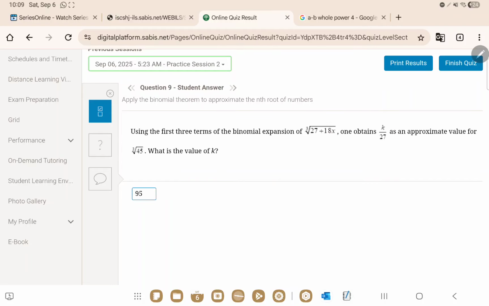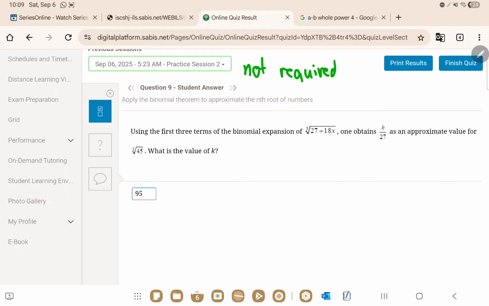Using the first 3 terms of the binomial expansion, one obtains... Okay, this is also not required, so you can skip over this if you want. But I'm still going to solve it. So using the first 3 terms of this binomial expansion.